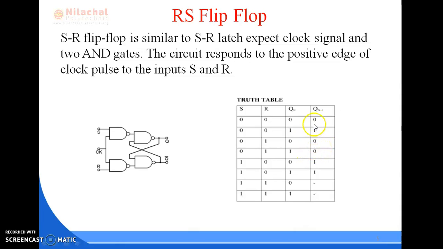So in both cases the Qn plus 1 value is reset. Reset means 0. So when S is 0 and R is 1, the output value Qn plus 1 is reset, that means it is 0.